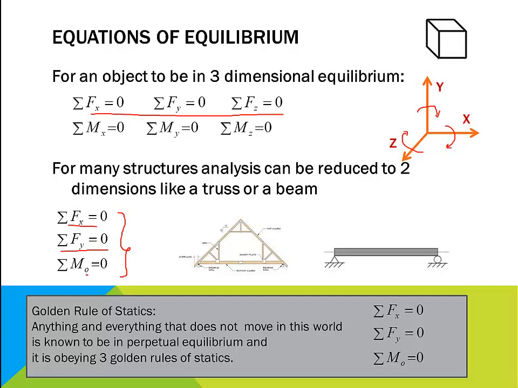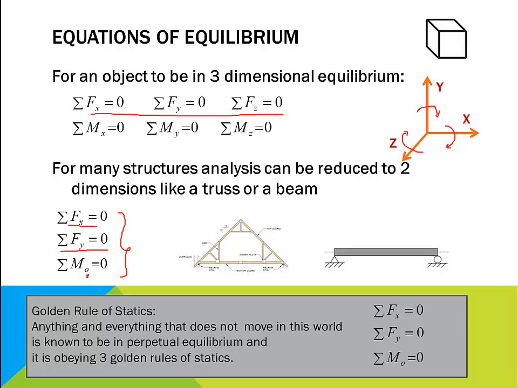M0 means the moment about the z-axis should be equal to 0. This z-axis is an axis perpendicular to the computer screen, or a line drawn from your eye to the computer screen.